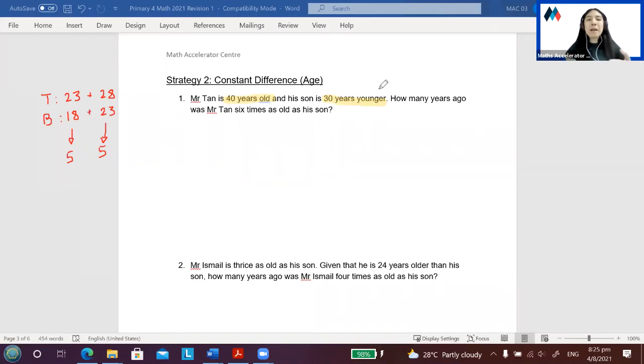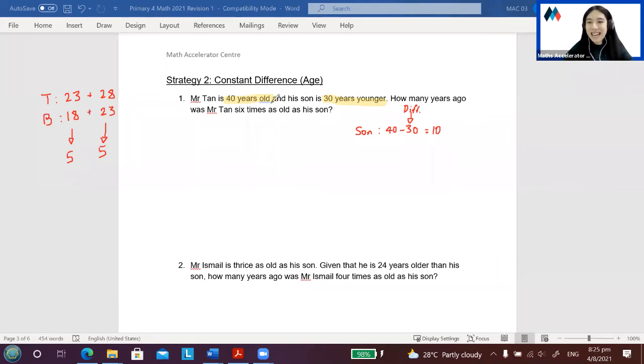That means the difference between Mr. Tan's and his son's age is 30 years. So his son's age must be 40 minus 30, right? Yes, his son is 10 years old. Because this is the age difference, his son should be 10 years old, right? So his son is 10 years old.